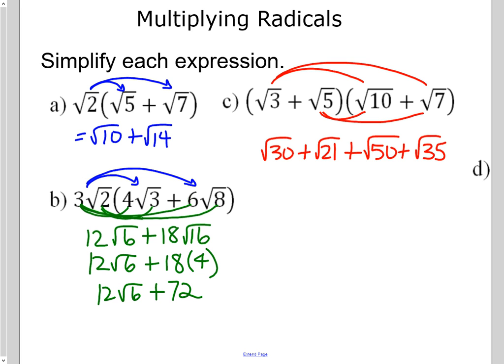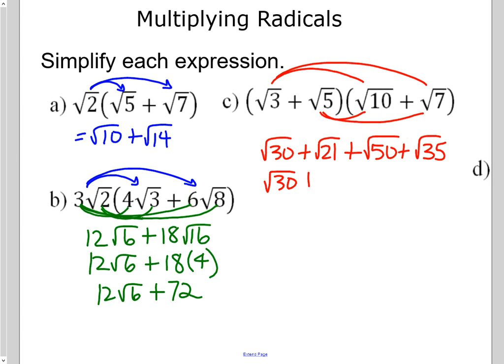All right, from there, we take a step back and we see if we can change any of these into mixed radicals. So square root of 30, I'm looking for a perfect square number that would multiply to 30, and I don't think I can think of one. So what multiplies to 30? 1 and 30, 2 and 15, 3 and 10, and none of those can change.